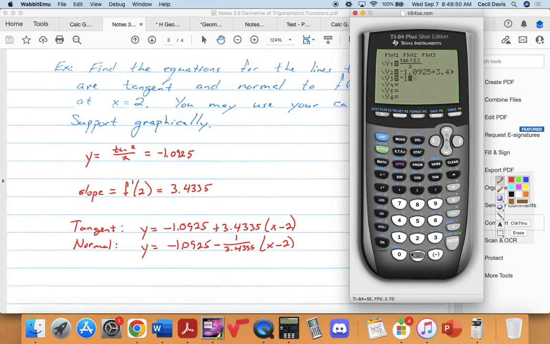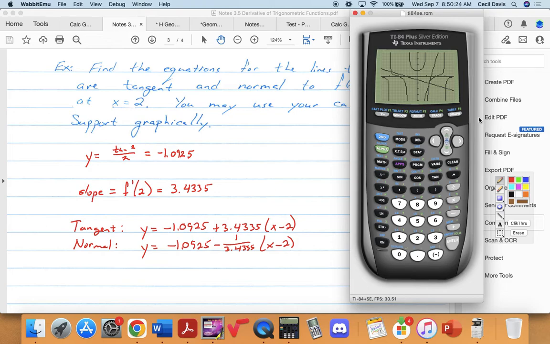So negative 1.0925 minus 1 over 3.4335 times parentheses x minus 2. That looks pretty good. Okay, it looks like it's perpendicular.